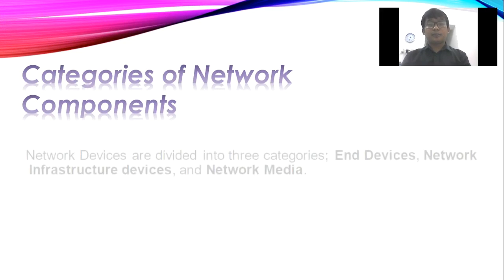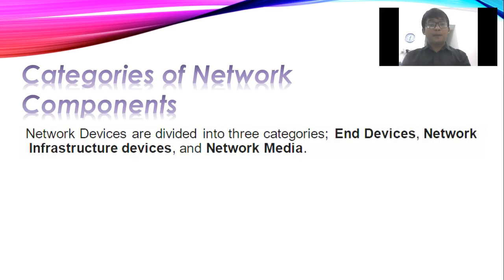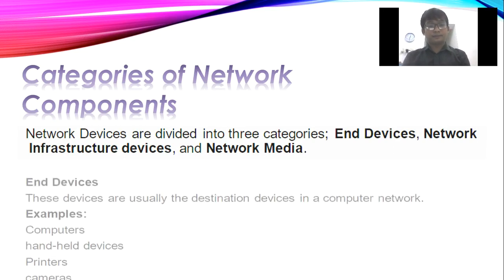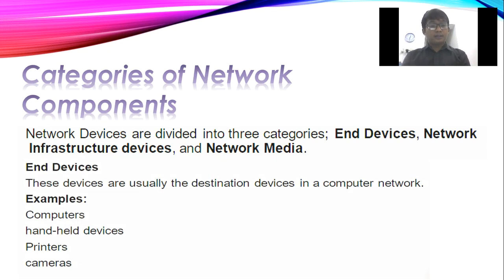Categories of network components. We have three categories: the end devices, network infrastructure devices, or what we also call intermediary devices, and network media. So I'm going to show you after.